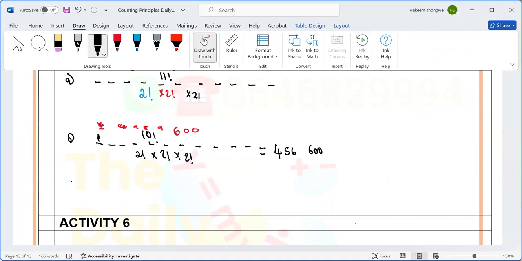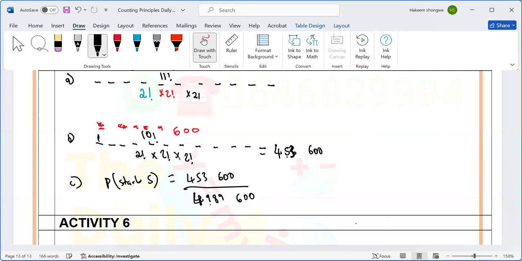We have 453,600 all over 4,989,600, which is what I wrote here.